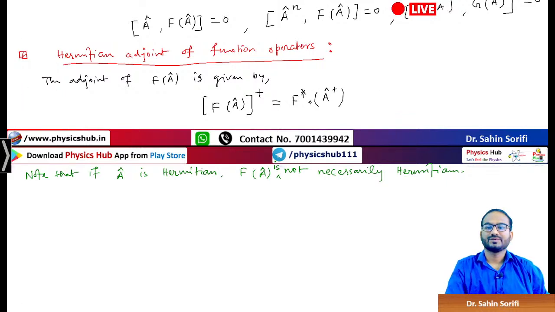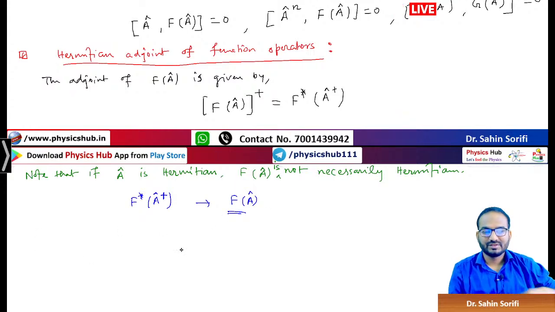Focus on this thing, f star of A dagger. If you want to call f of A Hermitian, first of all, this f star should be removed, so this should be equal to f of A. So A should be Hermitian, so A dagger will become A, and under what condition will this star symbol go? When this function is real.